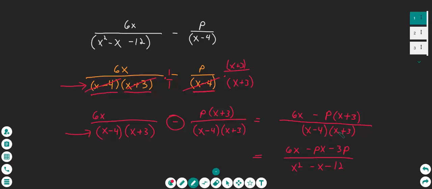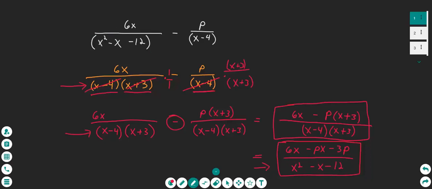You could get that with your FOIL. And there you go. That would be maybe our final answer. And again, this is acceptable. It's just not all the way expanded, which is fine. Sometimes this is more desirable. So I'll really accept it either way. But in this case, they started it out all expanded, so I finished it all expanded.